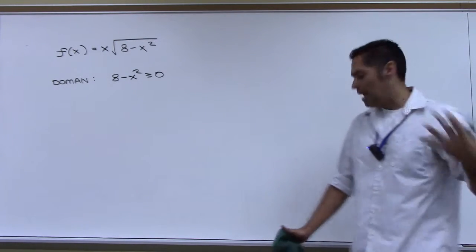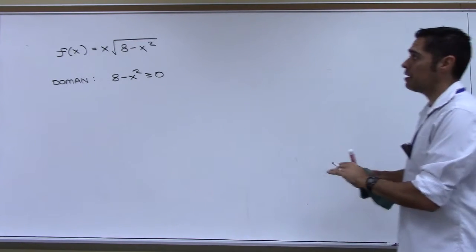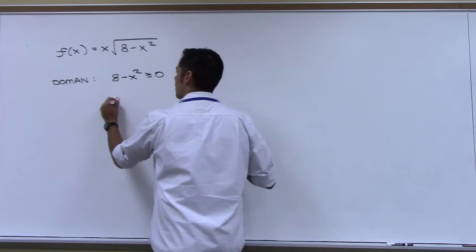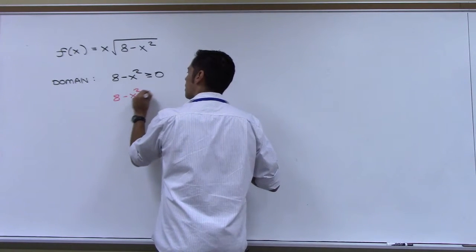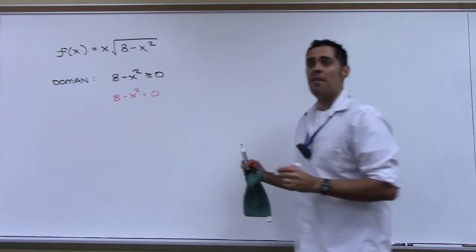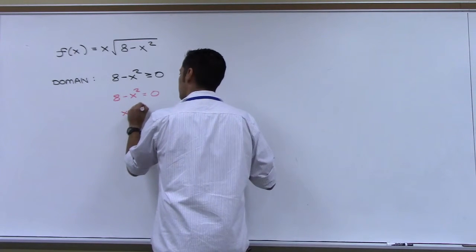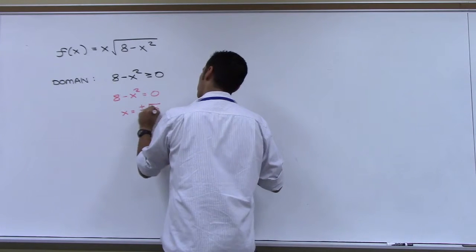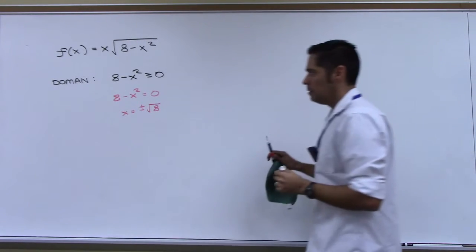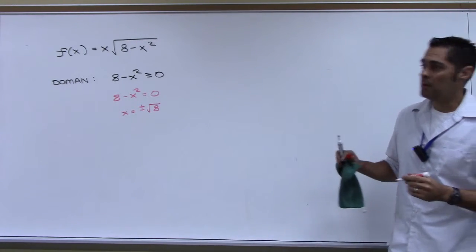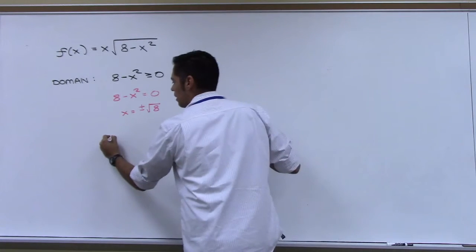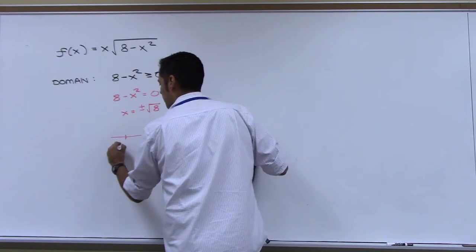So now you have to draw back on college algebra. How do we solve quadratic inequalities? Well, we first write it as an equation and we solve that. And we do get two answers of positive and negative root 8. Then what we do in college algebra is we plot these on a number line.